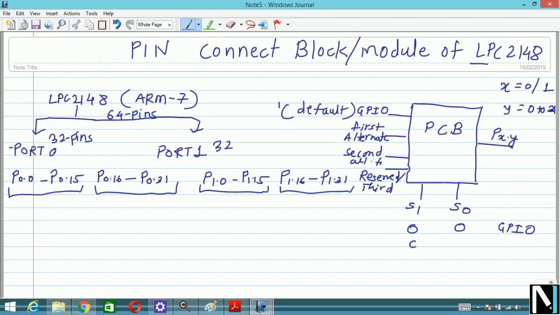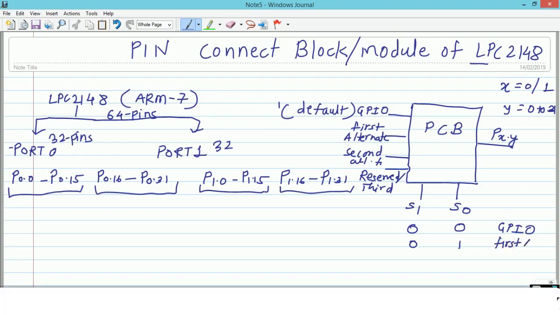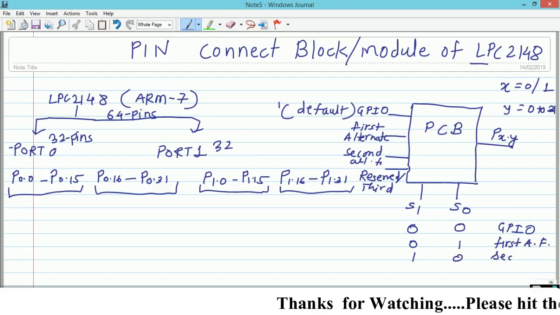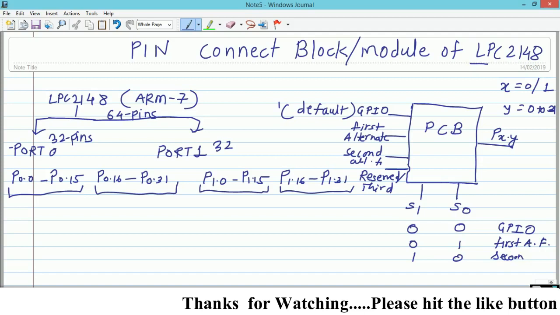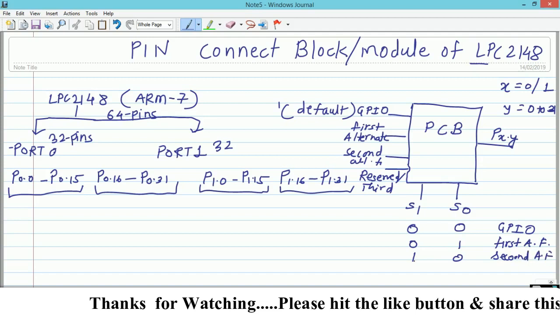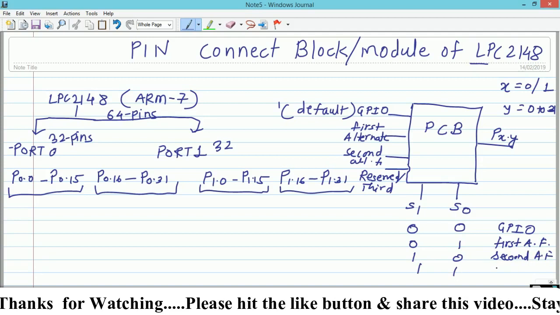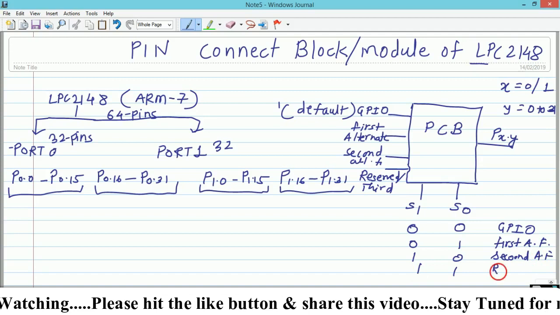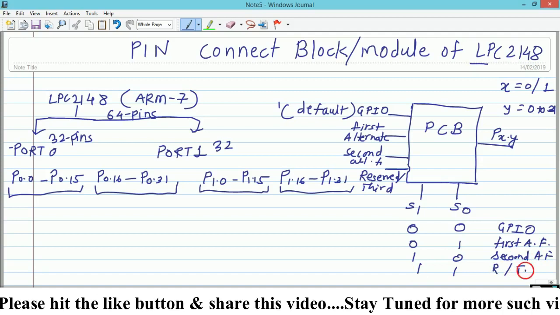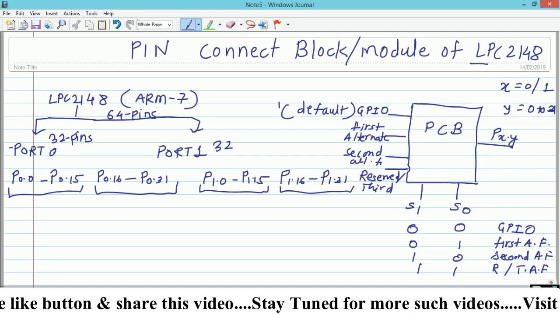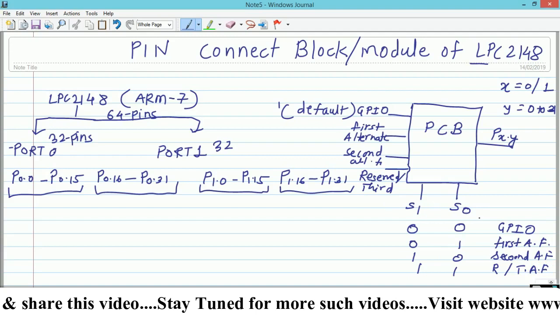If it is 0, 1, then your pin performs the first alternate function, in short first AF. Then 1, 0, then it performs the second alternate function. And if it is 1, 1, then either it is kept as reserved or it performs the third alternate function. So that is the use of these two select bits.